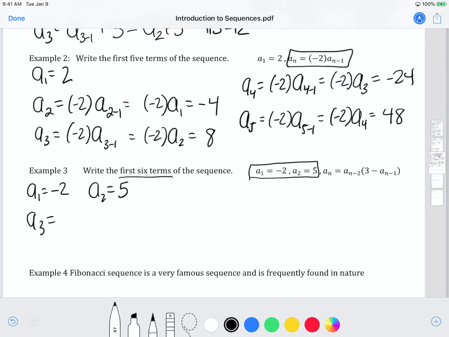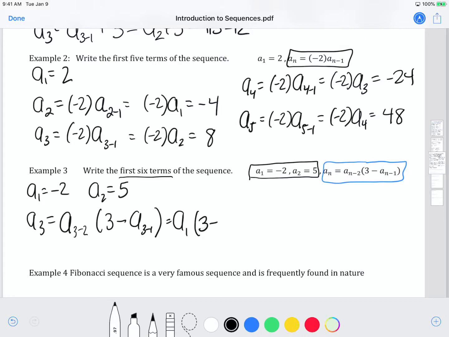So everywhere in my recursive sequence for my nth term that I see n, I'm going to replace it with 3. So I have a, 3 minus 2, times 3 minus a, 3 minus 1. So this is going to give me a, 3 minus 2 is a1, times 3 minus a, 3 minus 1 is a2.